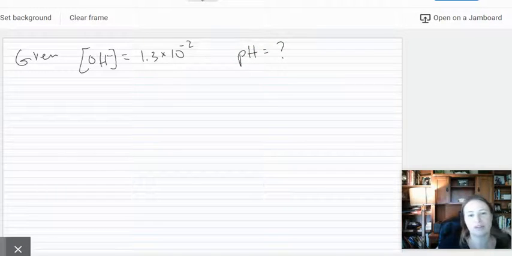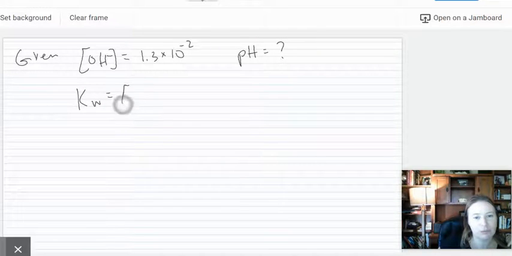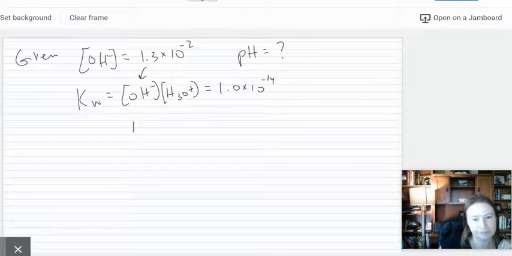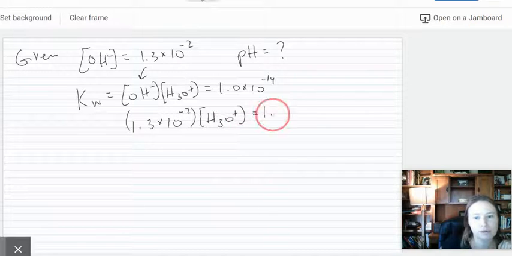Now, for pH, you have to plug in H plus, but I have this equation. Remember this guy that we just learned? So I'm going to plug in 1 times 10 to the negative 14th. I'm going to plug in my OH here and solve for H plus. So that goes there, times H3O plus equals 1 times 10 to the negative 14th.